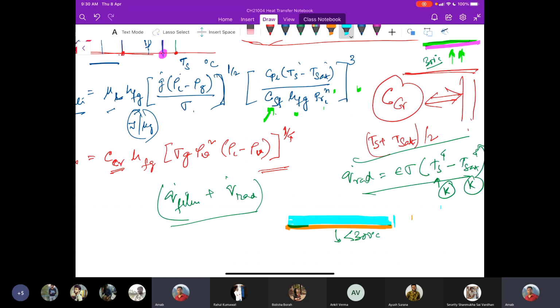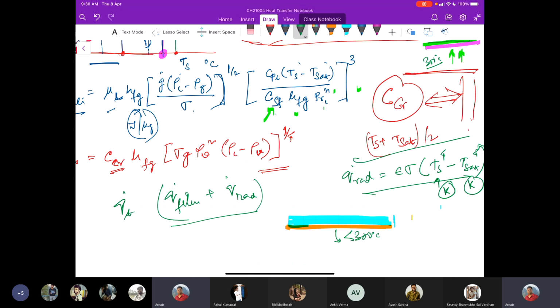The rate at which heat was transferred by convection decreases, because for convection, it acts as an insulation.